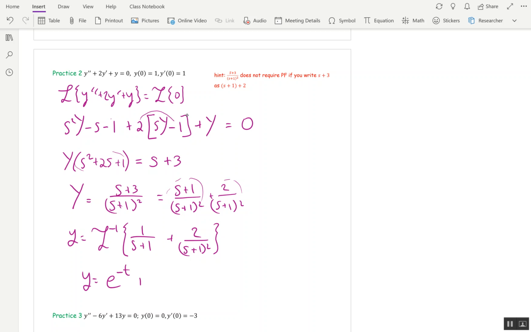And then the second one, I'm going to use formula, I guess 5. Well, 4 or 5. 4 is a special case of 5, but 2t e to the negative t, because a is negative 1 and n is 1. And there's our answer. All right, that's it for section 7.5.